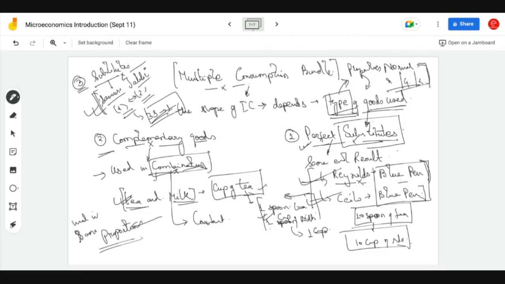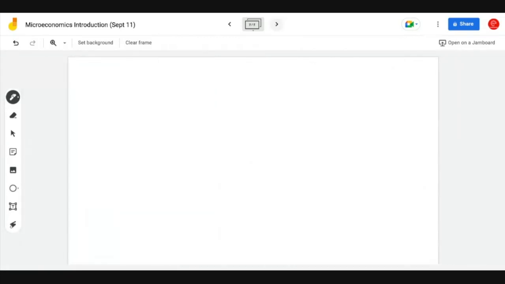Okay. So how do we derive the indifference curve? How do we derive that? Okay.